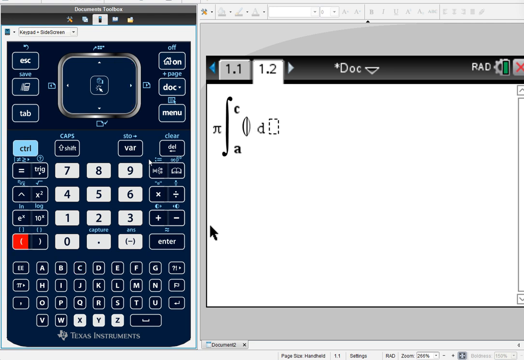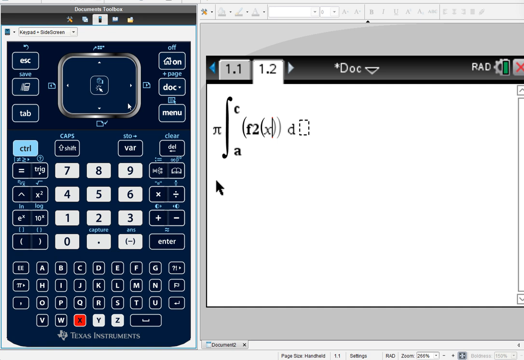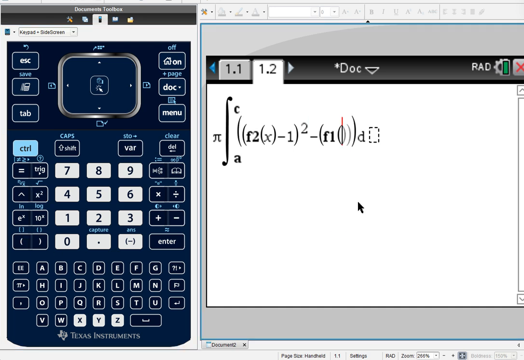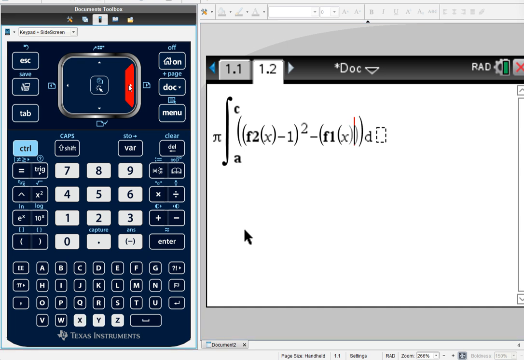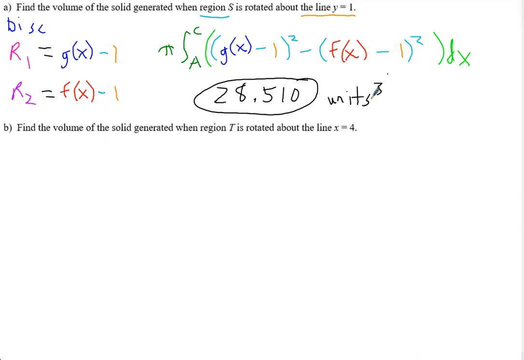And g of x was our f2, so you have to put f2 of x, and then minus 1, and then we need squared, and then minus another open parentheses. f of x was y1, so f1 of x minus 1 squared, and then all times dx. Same thing. All right, now let's take a look at part B.